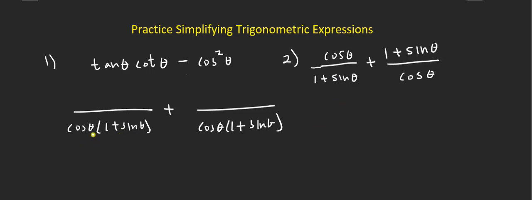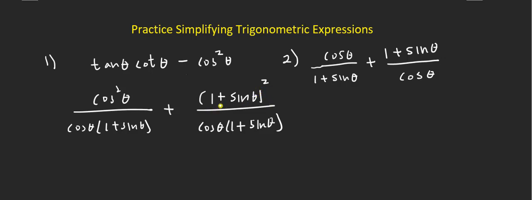You're missing cosine theta. So cosine theta times cosine theta will be cosine squared theta. What about over here? Quantity 1 plus sine theta is missing. So you have to multiply that to this numerator, which becomes quantity 1 plus sine theta squared.